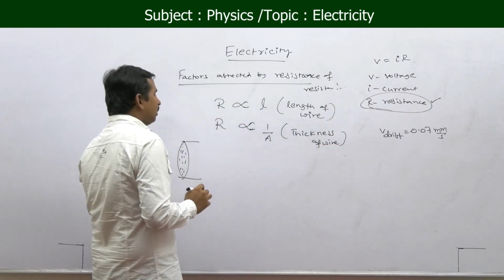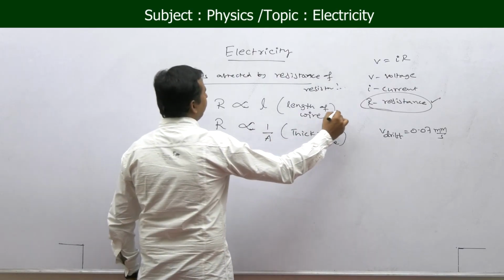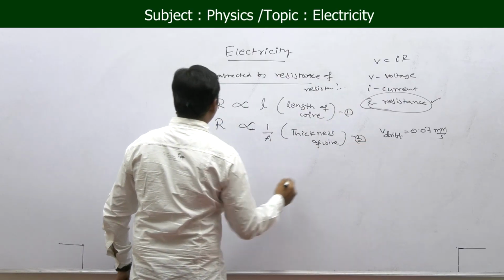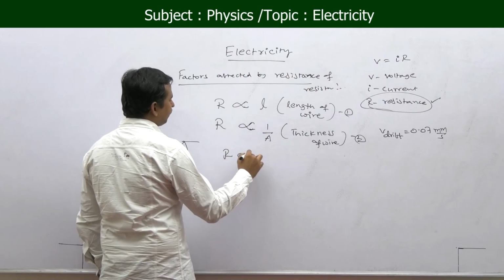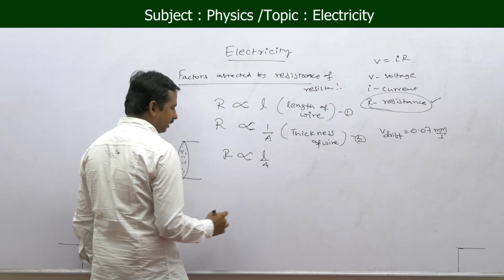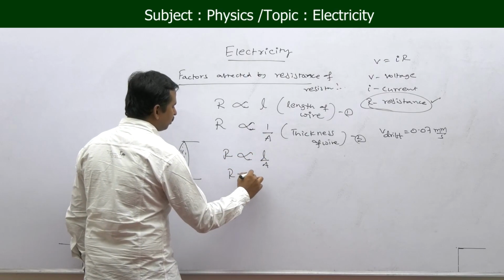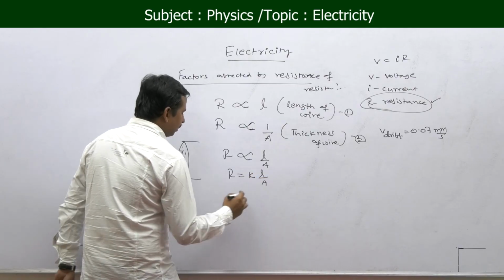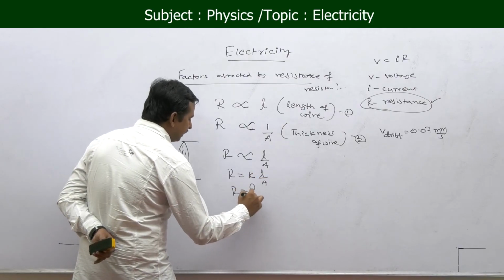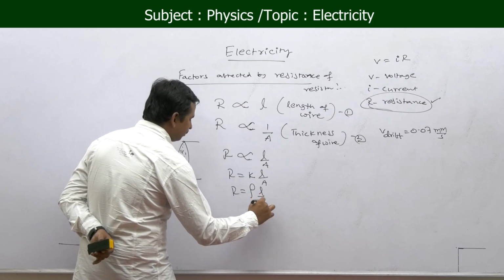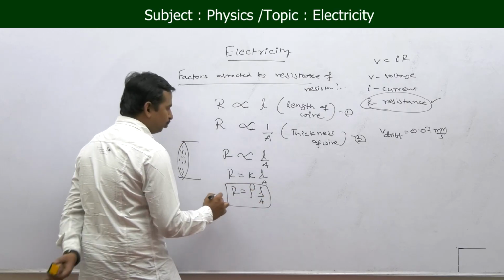Okay. And if you combine both statements 1 and 2, now we get R is directly proportional to L by A, that is, R is equal to a constant K into L by A, and that constant we call resistivity, which is represented with rho.